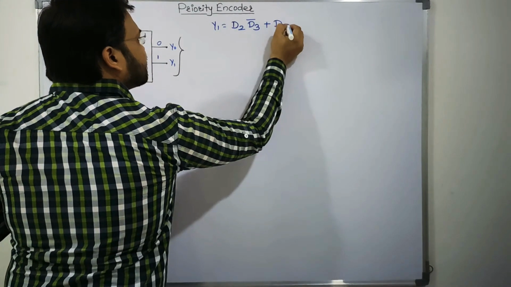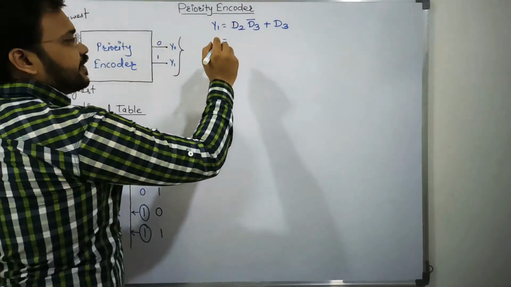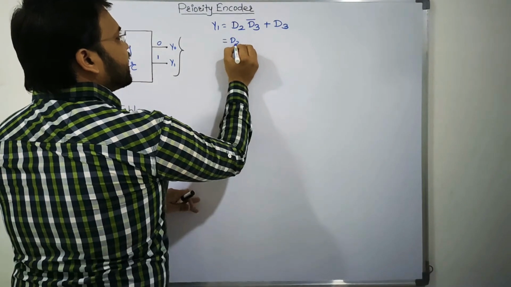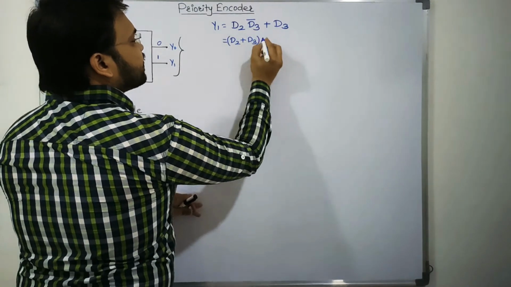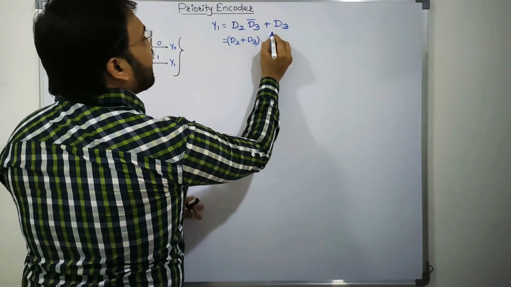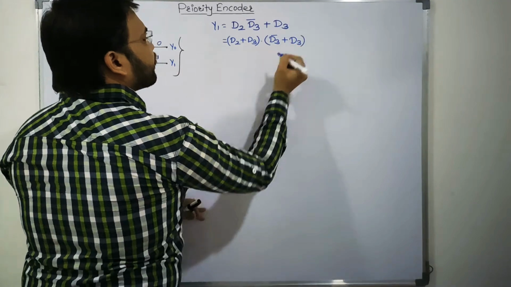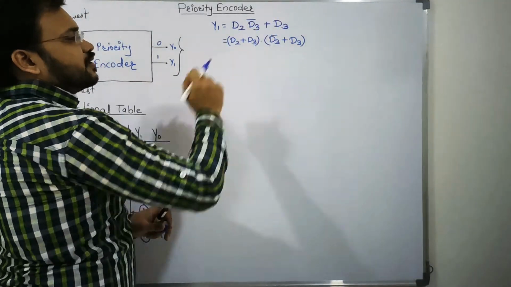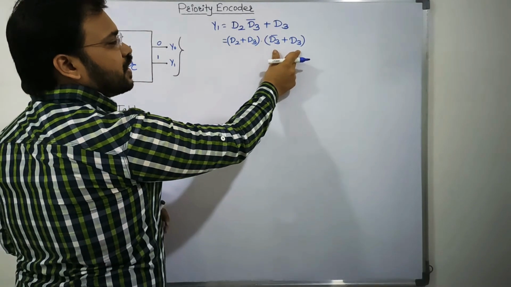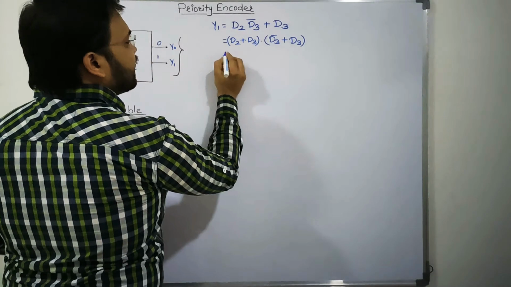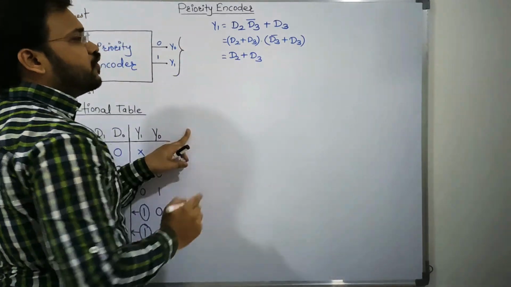Now by using the distributive law, we can write this as D3 bar plus D3 multiplied with D2 plus D3. Using this Boolean algebra rule, D3 bar plus D3 is 1. So the final value of Y1 is D2 plus D3.